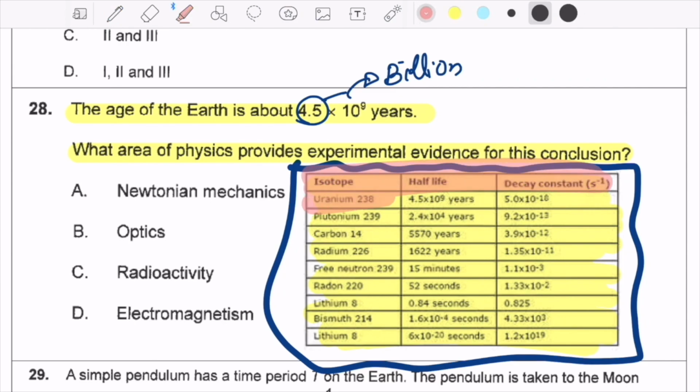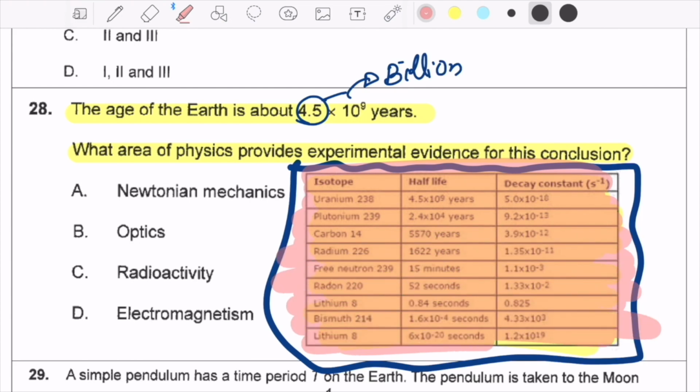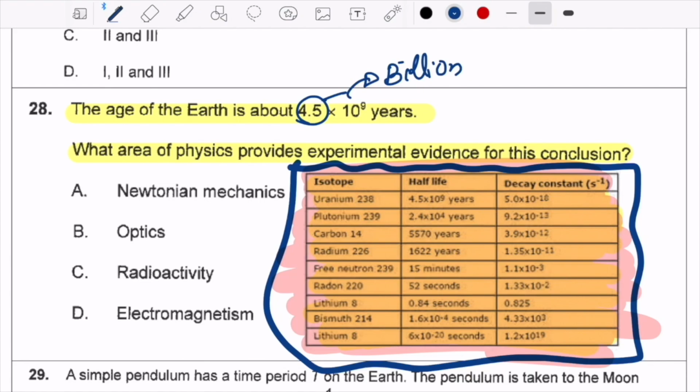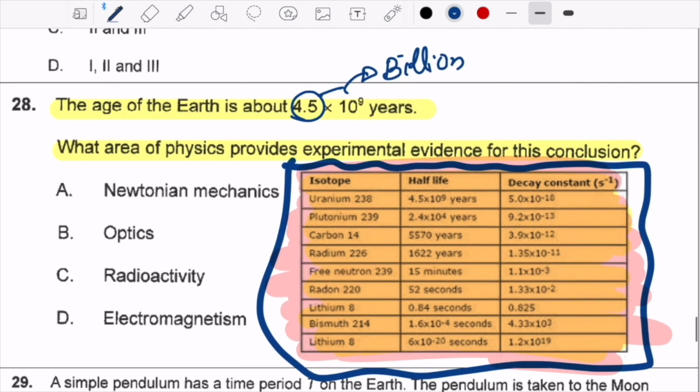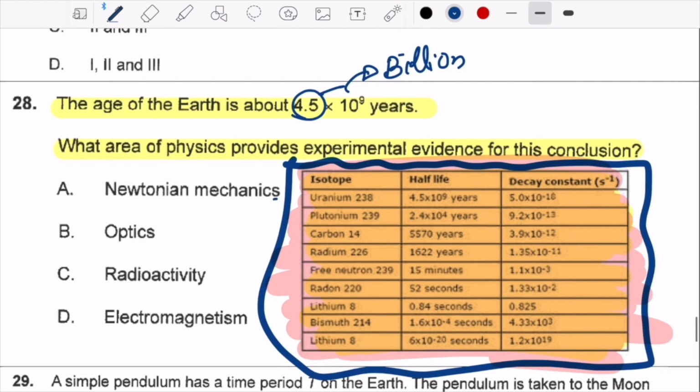This table I got from the internet. It is half-life and decay constant information for different materials. For example, uranium has the biggest half-life of 4.5 billion years, and lithium has an extremely short half-life, 10 to the power of minus 20 seconds.